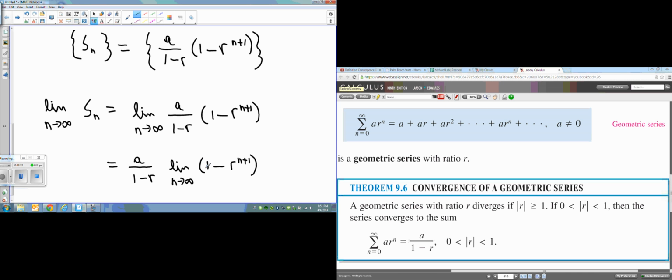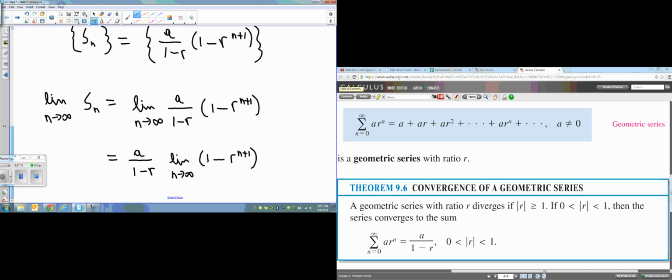Now, the limit of 1 as n goes to infinity is just 1. That's a constant. The limit of a constant is a constant.